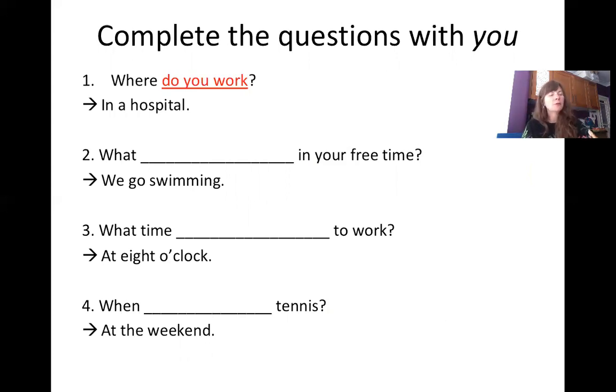You need to practice your writing and your spelling. So pause here, write them down, and then fill the gaps. You have to look at the question, and to finish the question, you have to look at the answer.